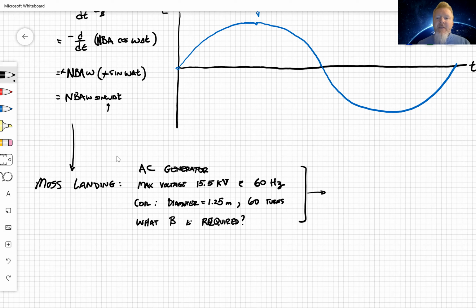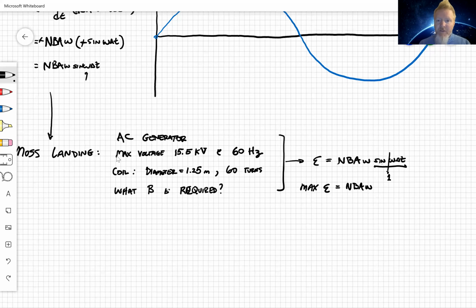If I take this thing, its maximum value is just going to be this, because the sine is going to maximize out to 1, right? So if I take a look at this, what is the B that is needed to make that generator work to kick out 15,500 volts?